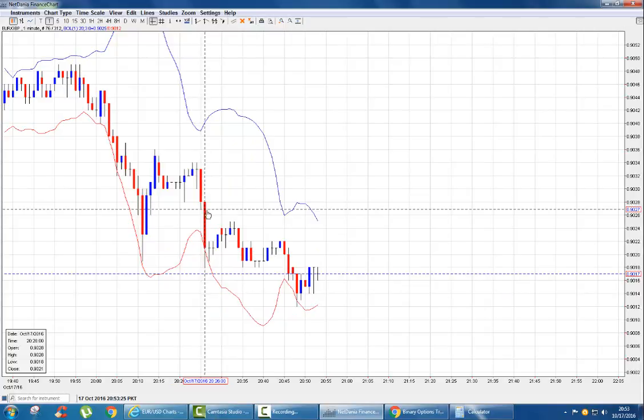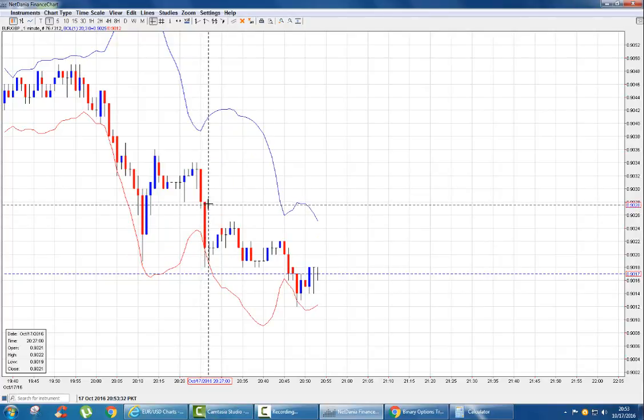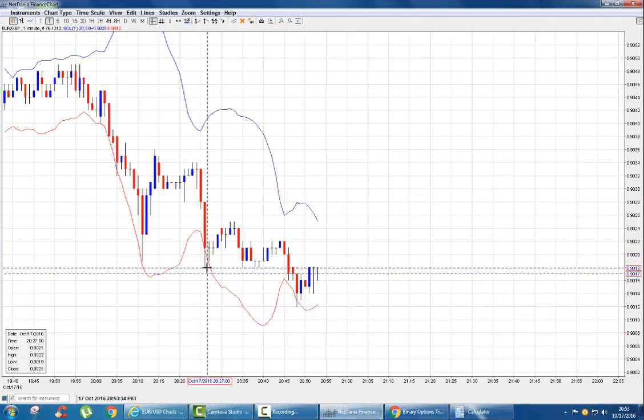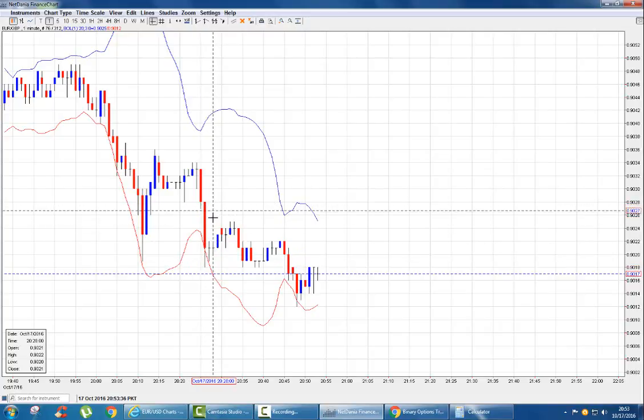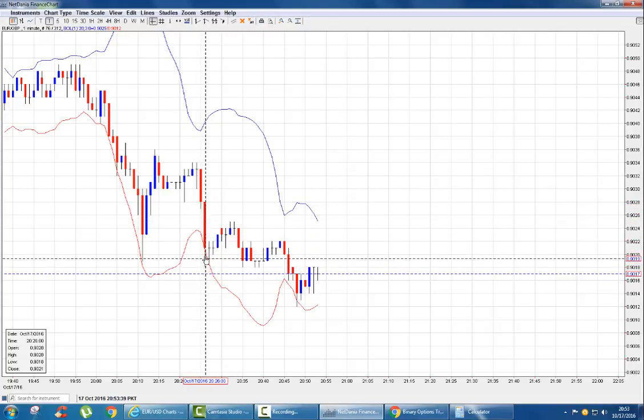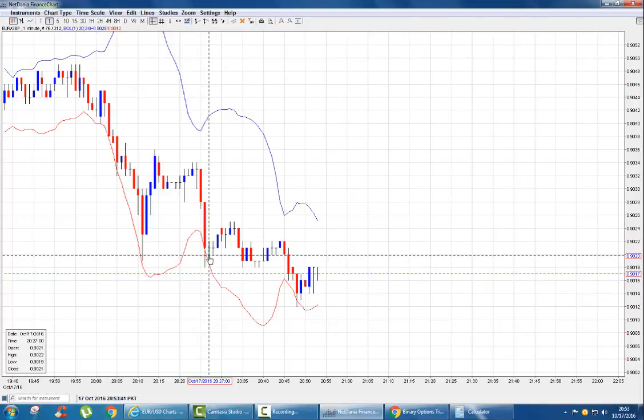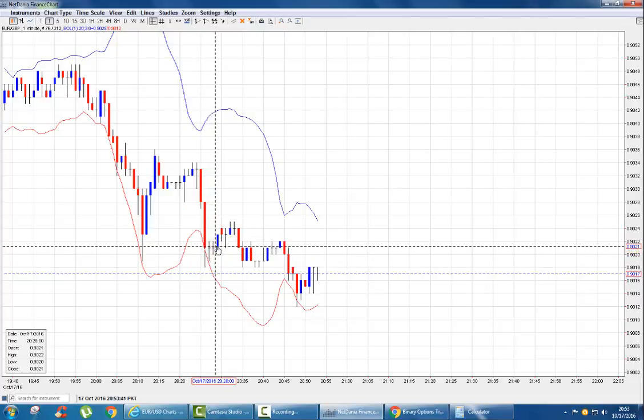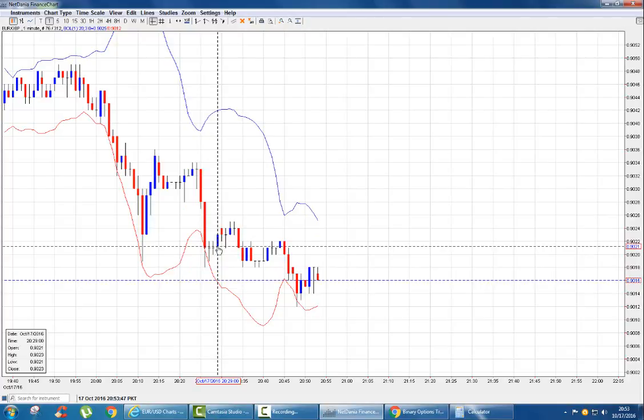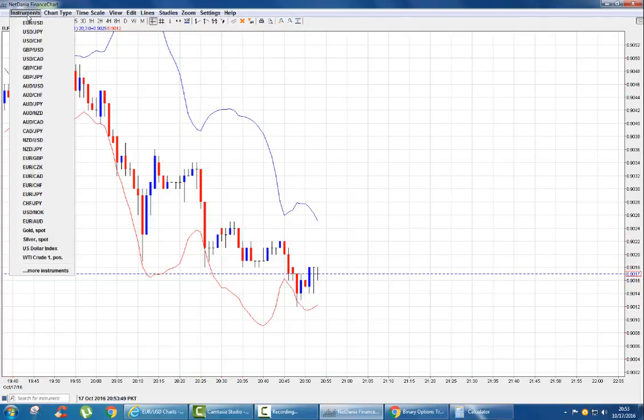As you can see, the red candle has touched it. There's a sudden price movement from here to here. That's a big move, a big candle. It has touched the line, and now you can see this one is definitely a winning trade. So this is how you roll.